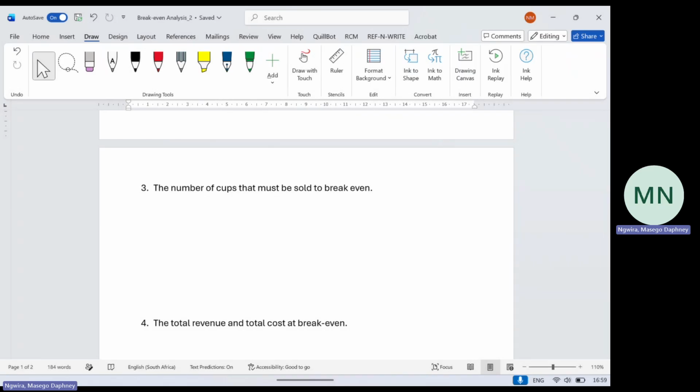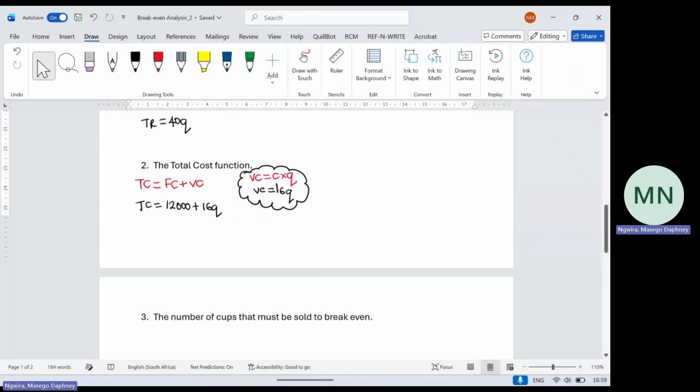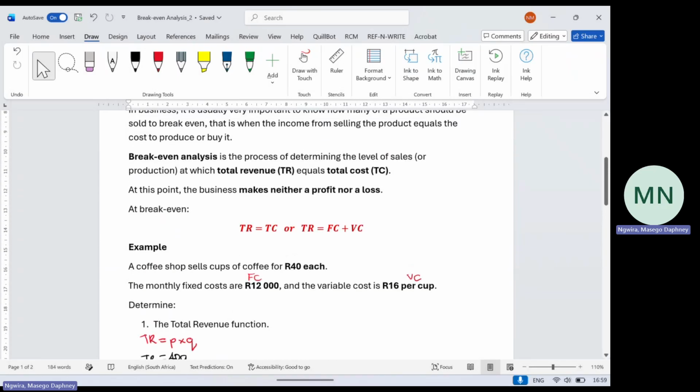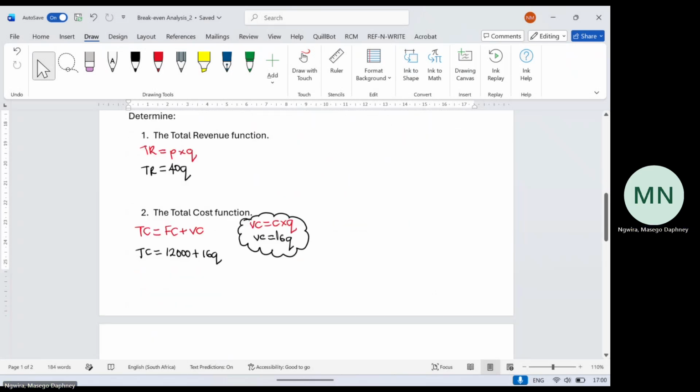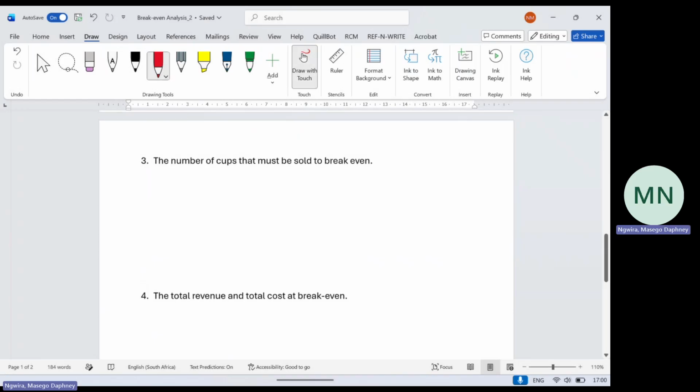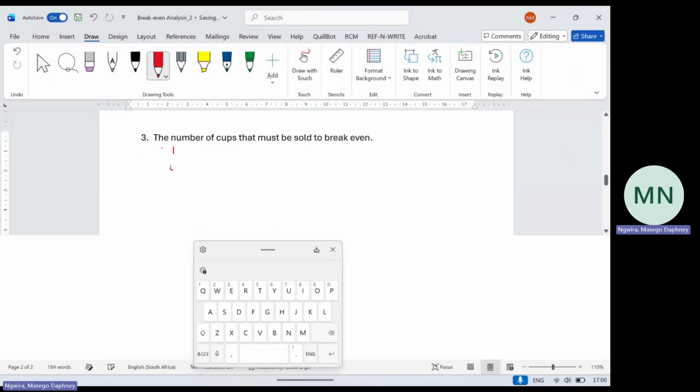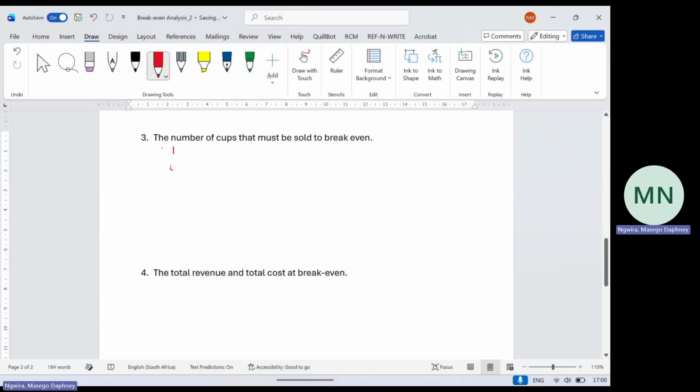We remember that to break even, our total revenue must be equal to our total cost. So TR is equal to TC.